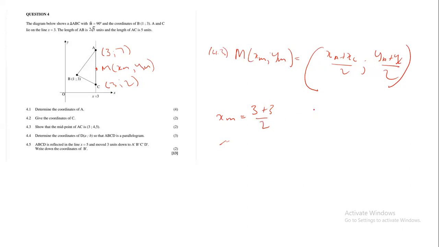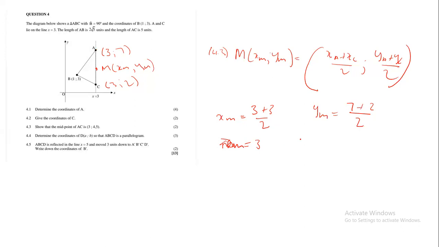And then I will equate y's to y's. So that means Y of M will be equal to Y of A. Now, what is Y of A? It's positive 7. What is Y of C? Y of C in this case is also positive, which is 2, divided by 2. Therefore, 3 plus 3 is 6, divided by 2, we get 3. Well, that's what we expected X of M to be. We expected X of M to be 3 because it is along this line.